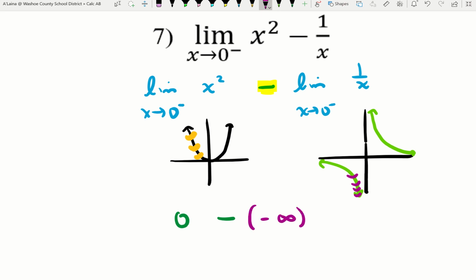Now I am subtracting a negative infinity. And so really this is like 0 plus infinity, and infinity plus any constant is still just infinity. And we're going to say that this limit then does not exist because it's approaching a positive infinity, which is not actually a numerical value that's finite and measurable.